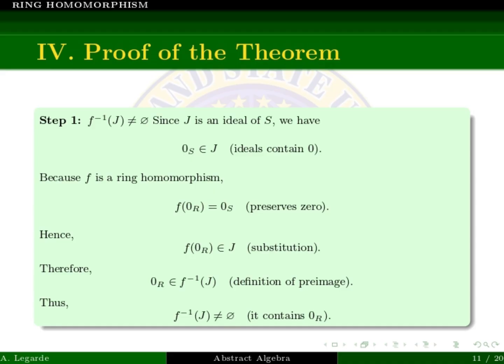So F of 0 in R equals 0 in S. Since 0 in S belongs to J, it follows that F of 0 in R belongs to J. Therefore, by definition of inverse image, 0 in R belongs to F inverse of J. Hence, the inverse image is non-empty.